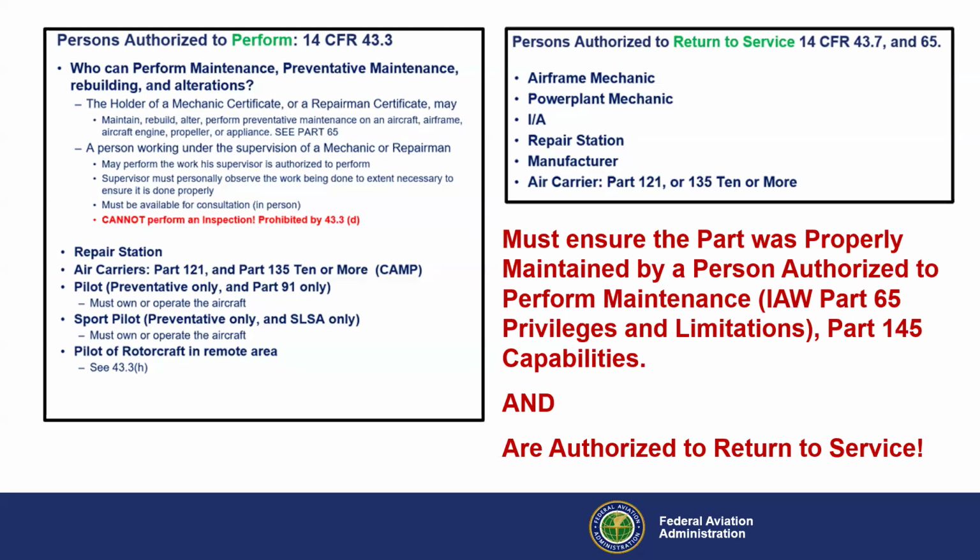So it's one thing to work on an aircraft or a part. It's another thing to return it to service. So I've listed the folks that are authorized to return to service: airframe mechanic, powerplant mechanic, and IA, repair station, manufacturer, air carrier, and a pilot, private pilot or greater can approve for return to service preventive maintenance.